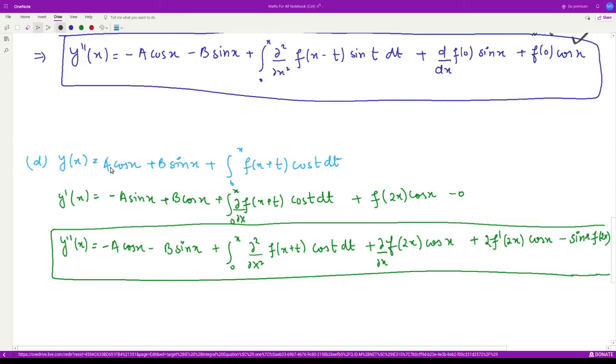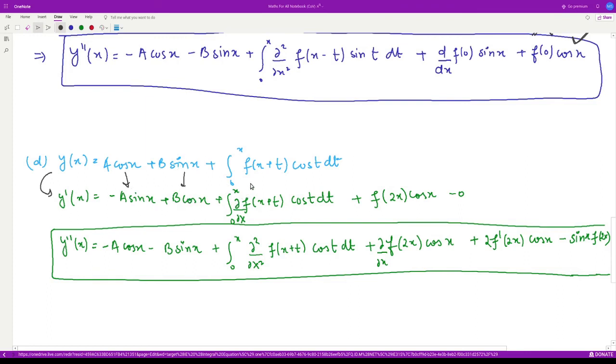Let us look at option number D, the last option. So y(x) is given to be a cos x plus b sin x plus integration from 0 to x f of (x plus t) cos t dt. We can differentiate this. Y dash x is equal to minus a sin x plus b cos x, right? No problem in that.